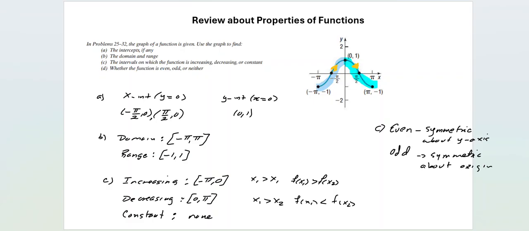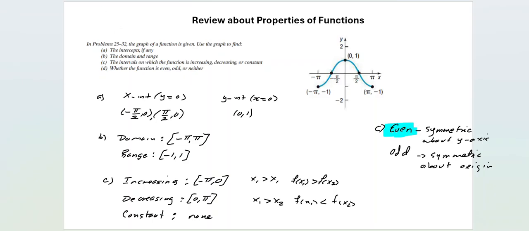So in this case, it's evident that this function would be even. Why? Because the function is symmetric with respect to the y-axis. So for every point x comma y on your function, there is a point minus x comma y that is also in your function.